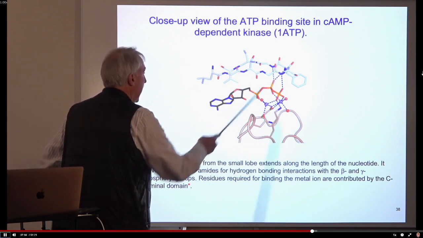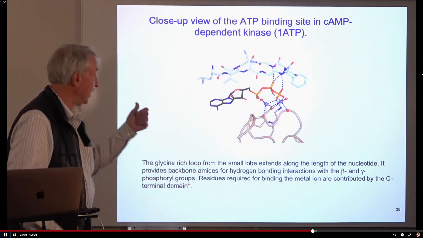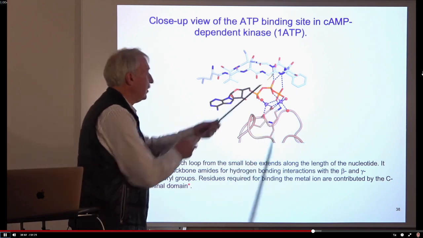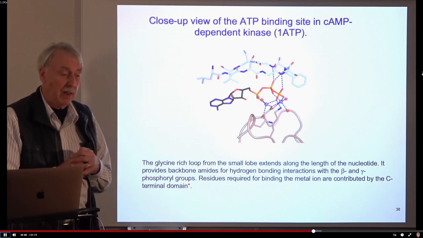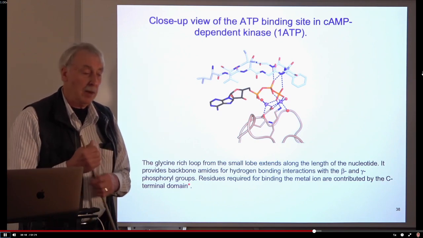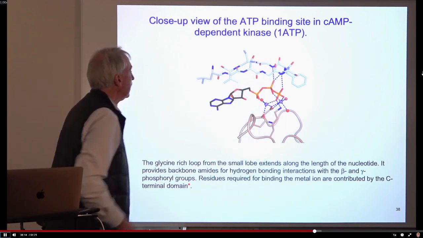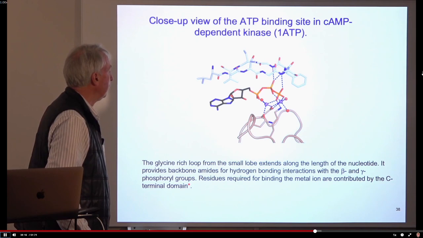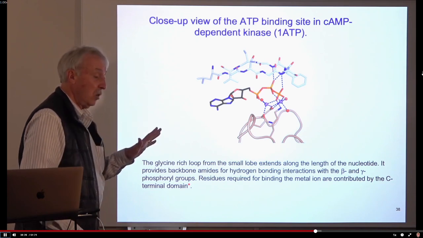It's a loop. So again, what is happening in this loop is that the glycines, yes, they're providing interactions, but they allow the loop to form a conformation that otherwise would not be available were they replaced by other amino acids, because of the greater conformational freedom of the glycine moieties in the active site. So the take-home message here: two metal ions, close coordination.